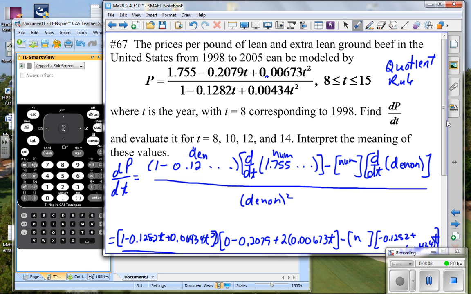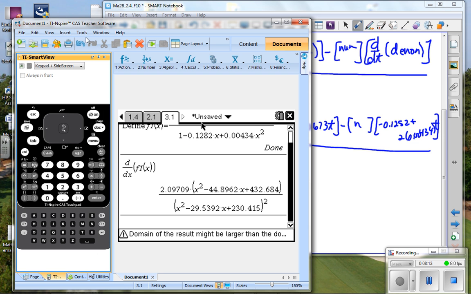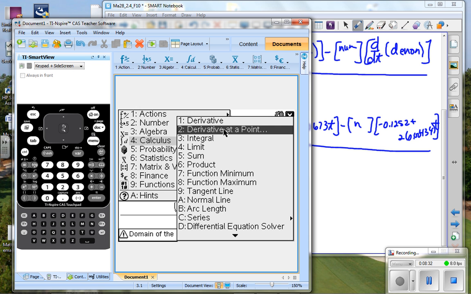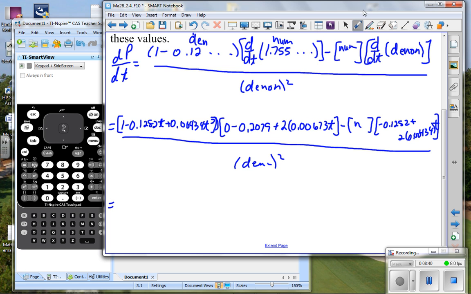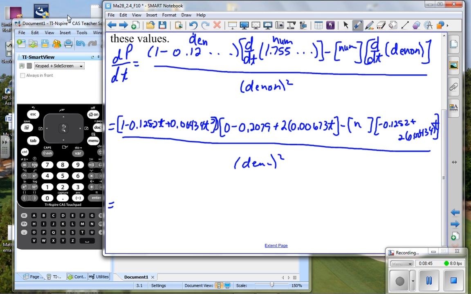So what we're going to focus on now is, given this derivative that we have found over here, if we look at this value at a point, let's go into Menu and go into Calculus, and we see this, it says derivative at a point. So we're going to have the variable x, and the value, now one of the values that we're looking at is 8, which is corresponding to 1998.